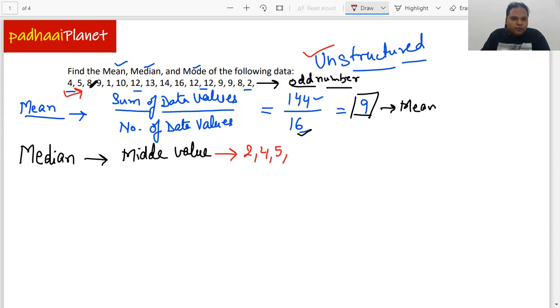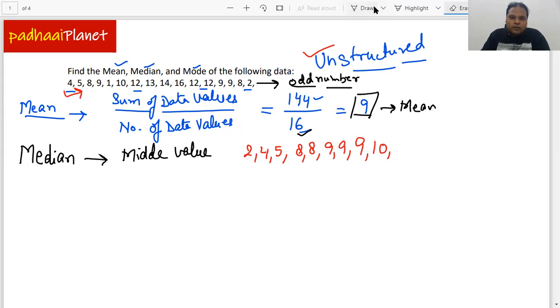We have 8 once, and then we have two eights. After that, let's see how many nines are there: 1, 2, 3. So we have got 3 nines here. Then we have 10. Oh, we also have 1 here that we have missed out.